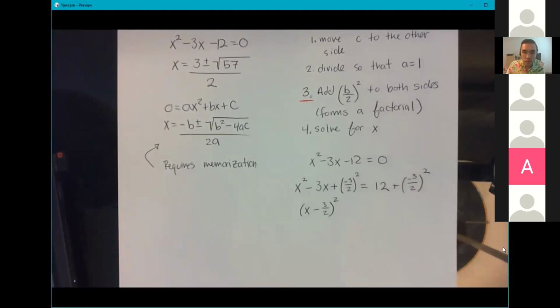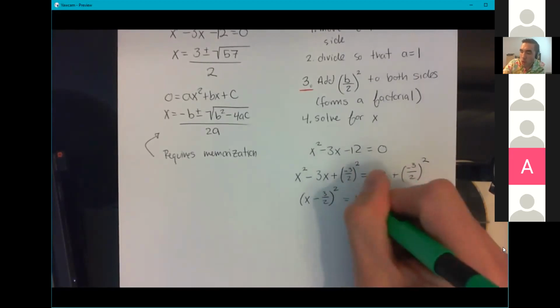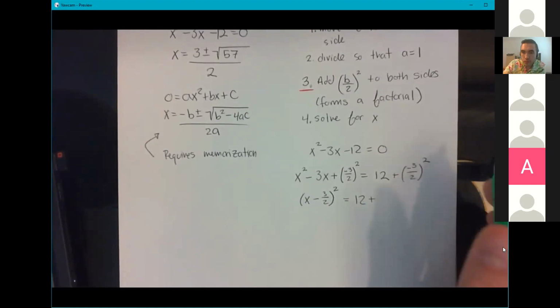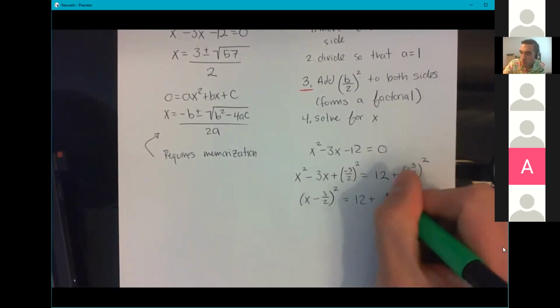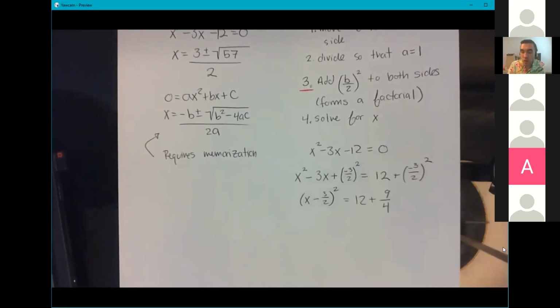But down below, to keep moving along, we're going to have to simplify what's on the right-hand side. So this is going to be equal to 12 plus, what's the rule about squaring a fraction? You square the numerator and the denominator independently. So this is going to be plus 9 over 4, because we have to square the top and the bottom separate from each other.